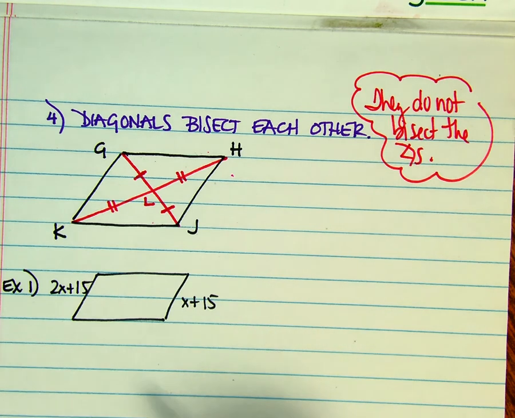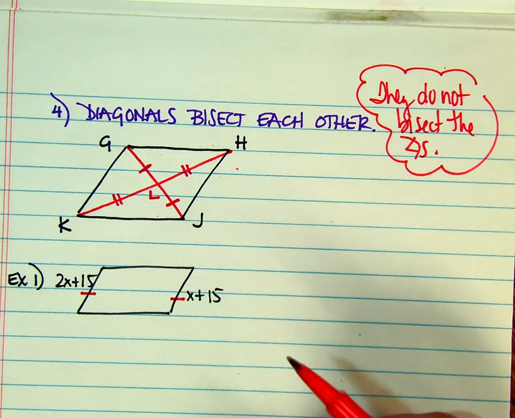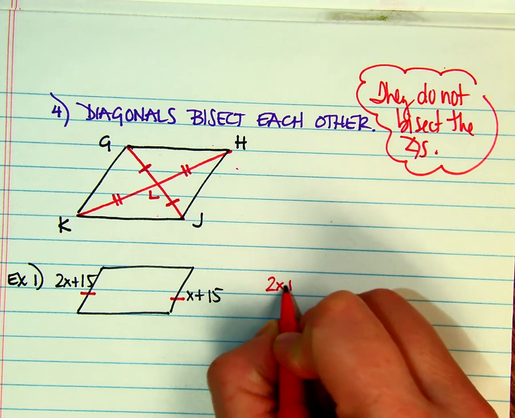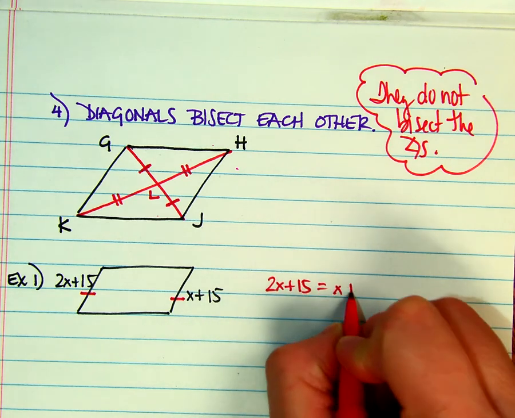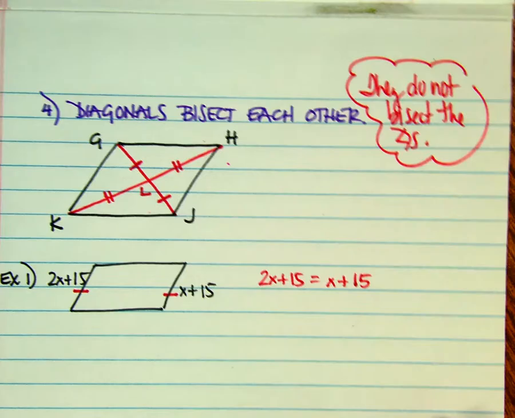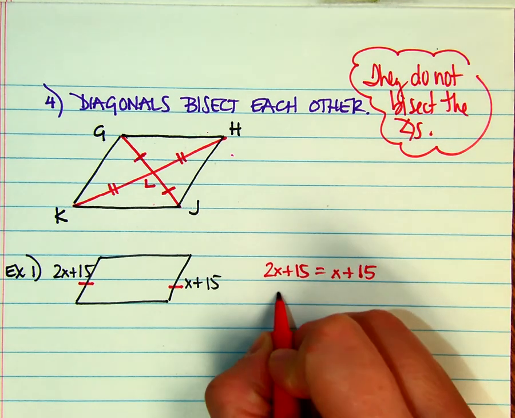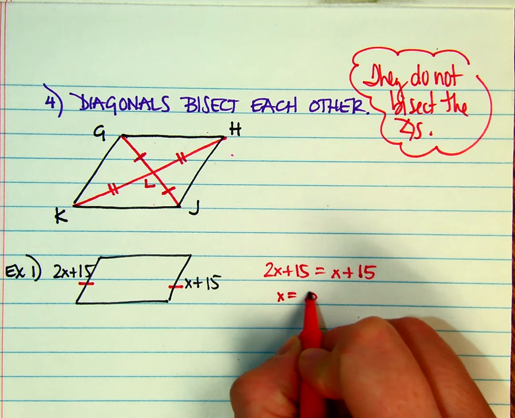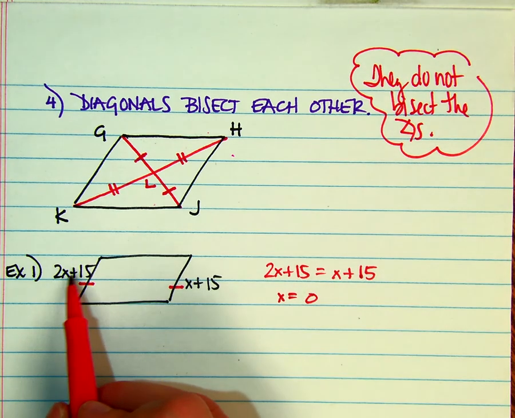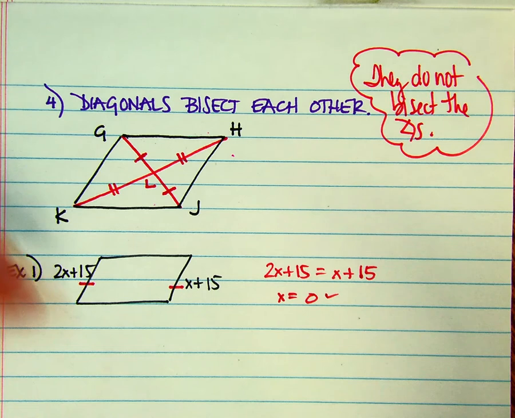I know then that these are opposite sides and they are congruent. If they're congruent, they're equal. So then I can set them equal to each other. So that is going to be how we set up our equations by using those properties. So x equals 0, and if I plug this back in, I have both sides equal 15, so that checks.